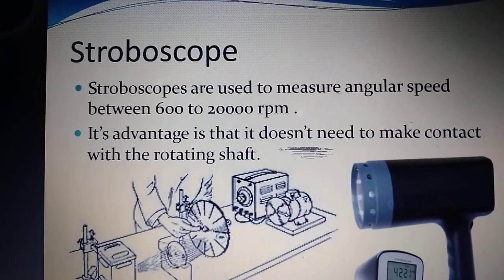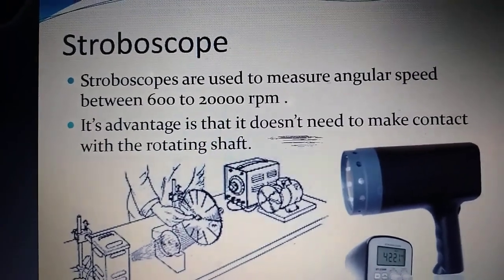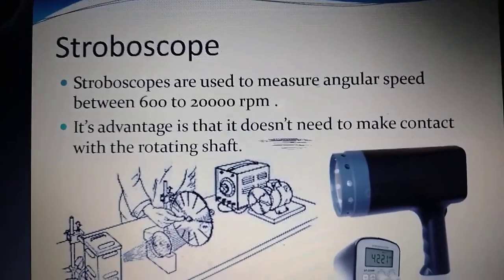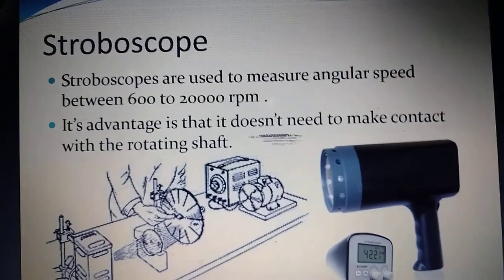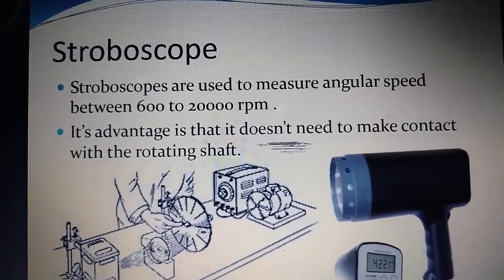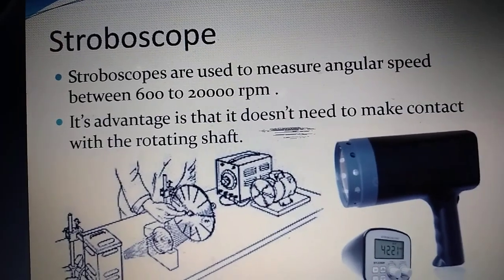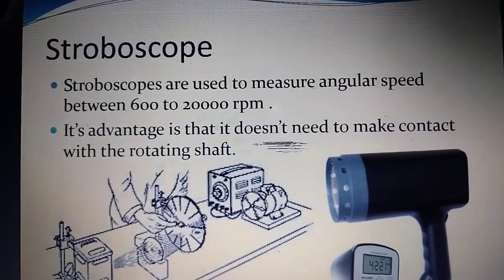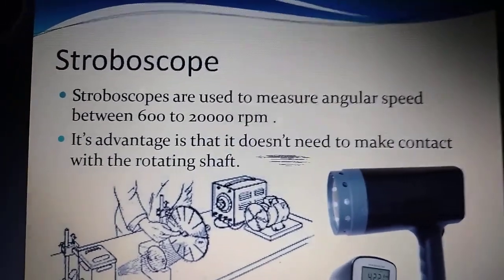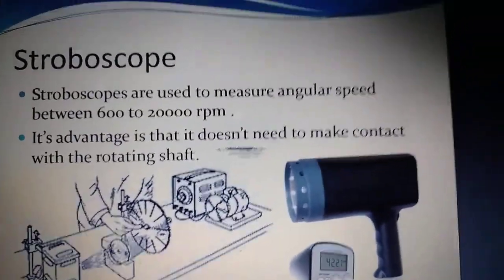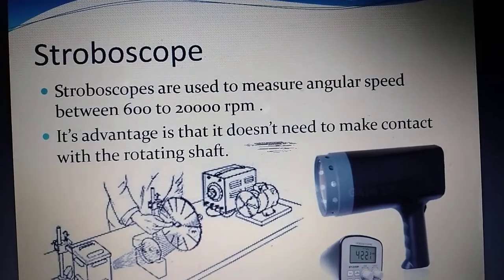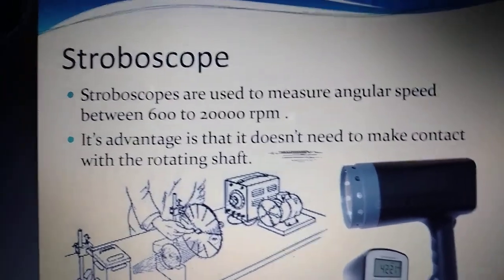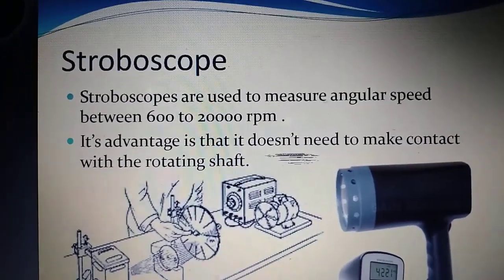The limitation is that we always have to adjust the light frequency of the flashing bulb, calibrating and replacing the bulb every time. That is the only limitation. The stroboscope is portable, so we can use it anywhere, but we must measure angular frequency between 600 and 20,000 revolutions per minute.